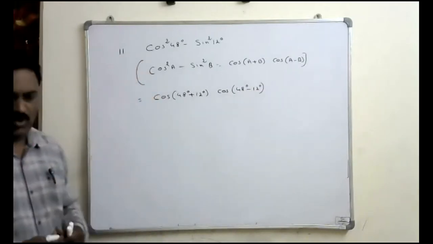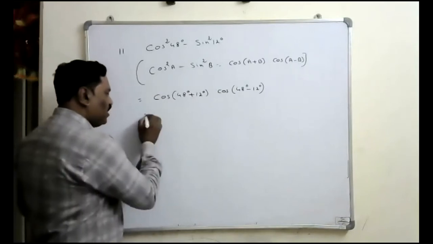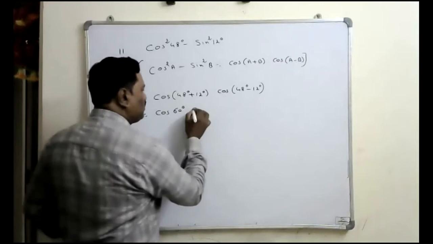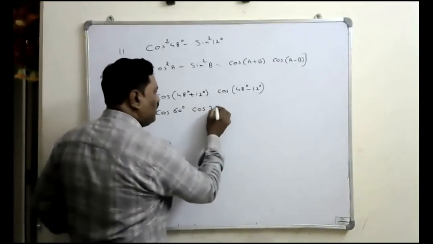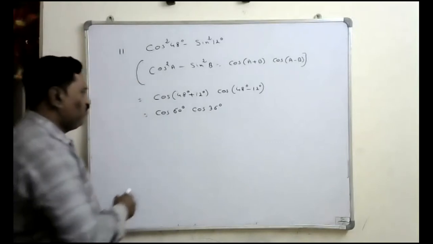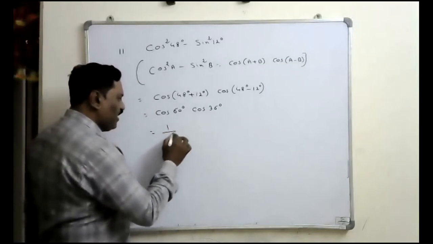So the value is cos 60 degree into cos 36 degree. The value of cos 60 degree is 1 by 2.